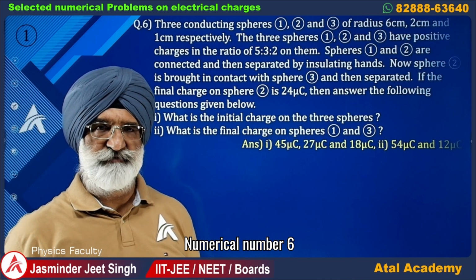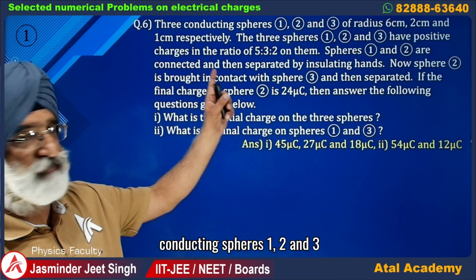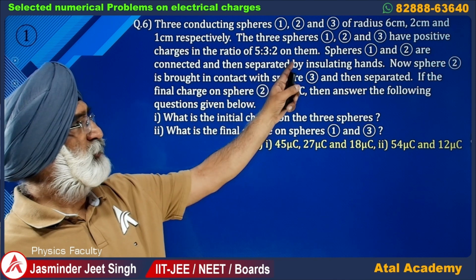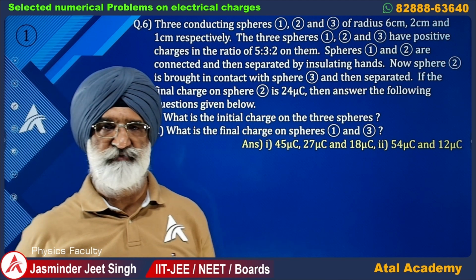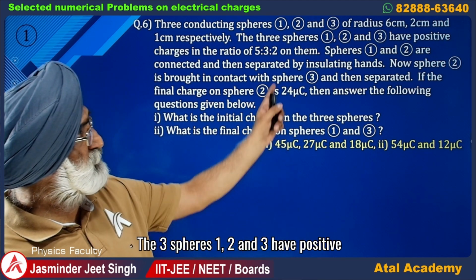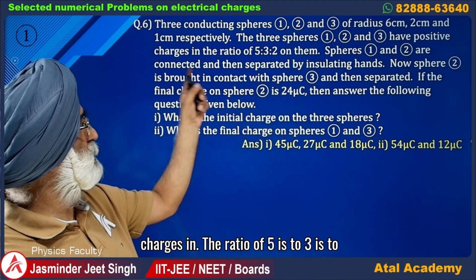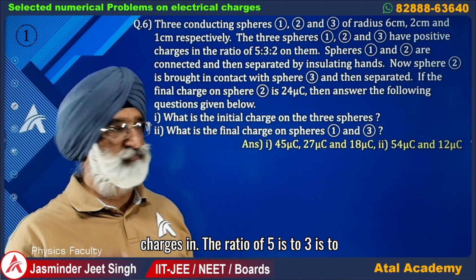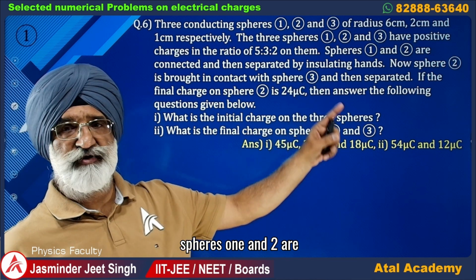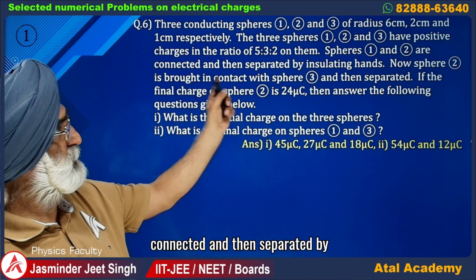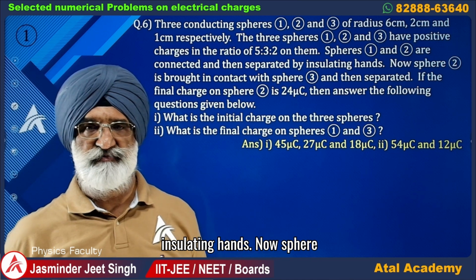Numerical number 6. 3 conducting spheres 1, 2 and 3 of radius 6 cm, 2 cm and 1 cm respectively. The 3 spheres 1, 2 and 3 have positive charges in the ratio of 5:3:2 on them. The spheres 1 and 2 are connected and then separated by insulating hands.